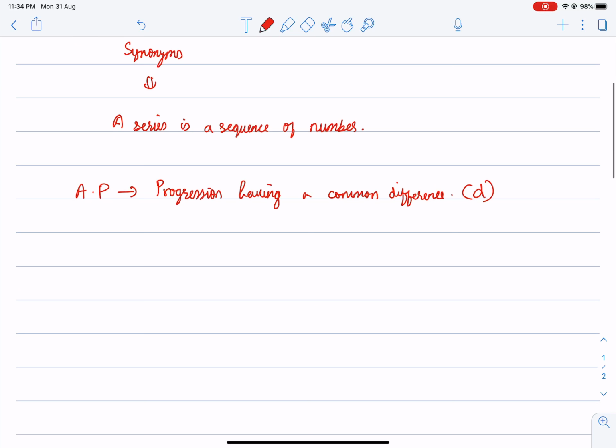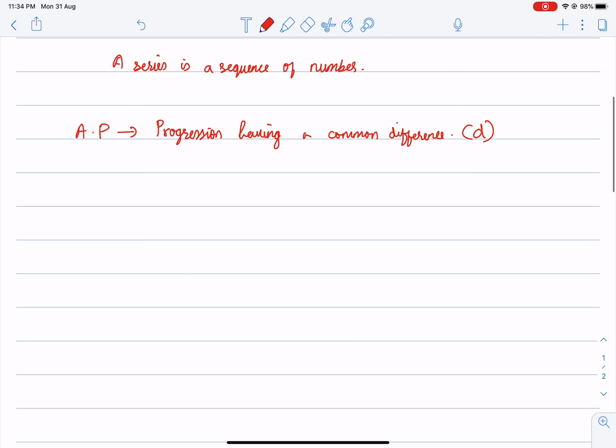Next, what should we learn? How is an AP written? An AP is written in this format. Basically your d is your common difference. Let this be your first term, second term, third term, fourth term, and it goes on.